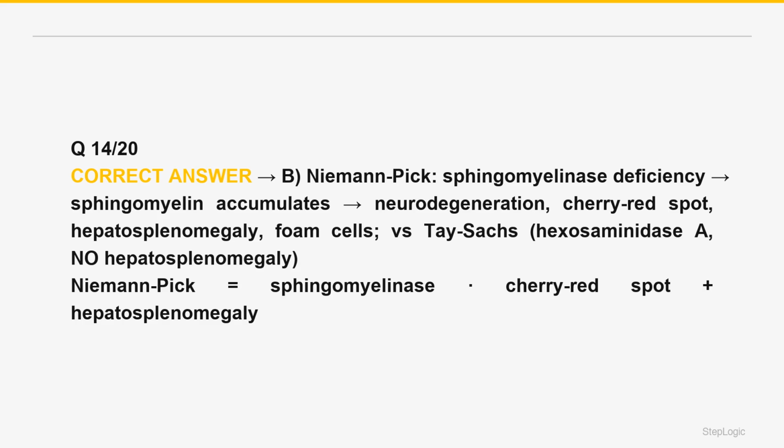Niemann-Pick has hepatosplenomegaly. Niemann-Pick: Norman picks his nose with his finger, the sphingomyelinase. The sphingomyelinase deficiency with cherry red spot and hepatosplenomegaly is Niemann-Pick disease.